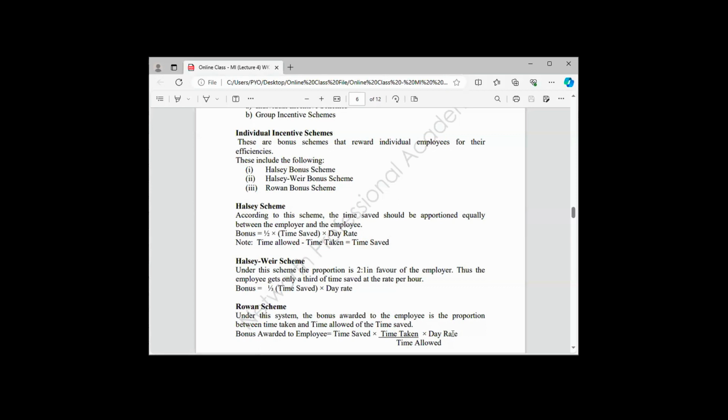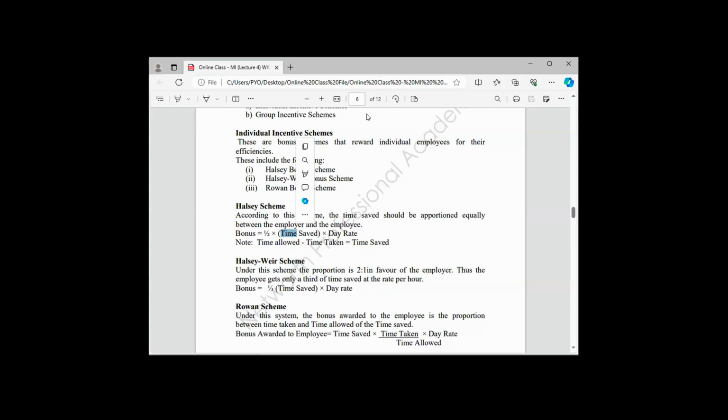This is the one that is in line with that question in terms of bonus calculation. Is it clear? Yes, sir.